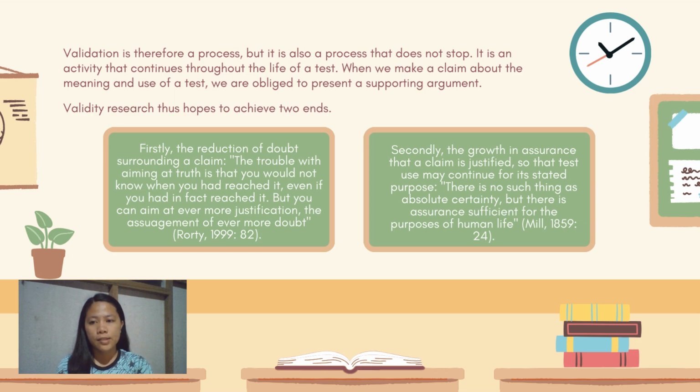Mill suggests that while we can never be absolutely certain about anything, we can still have enough assurance in our beliefs or claims to make decisions and move forward with them in everyday life. This level of confidence is sufficient for practical purposes.